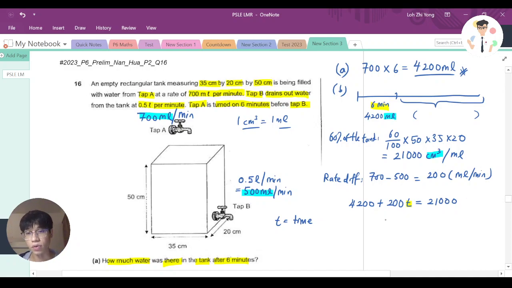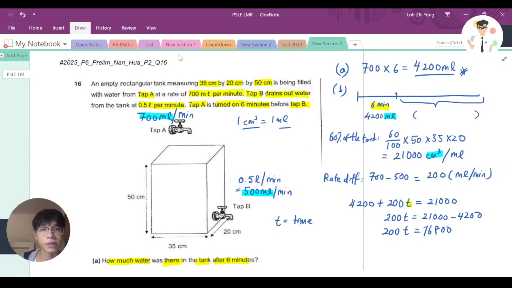So what I'll do is I'll use 200 T equal to 21,000 minus 4,200, so 16,800. Or you can just understand that this is my target.